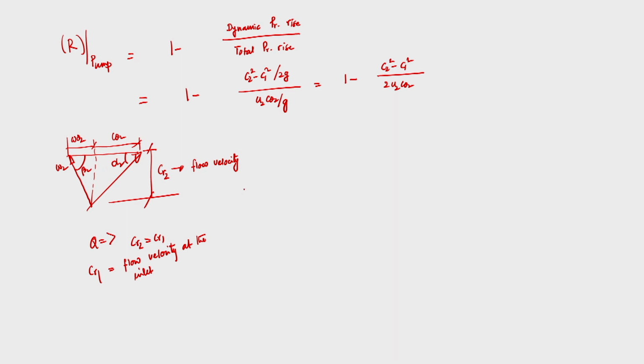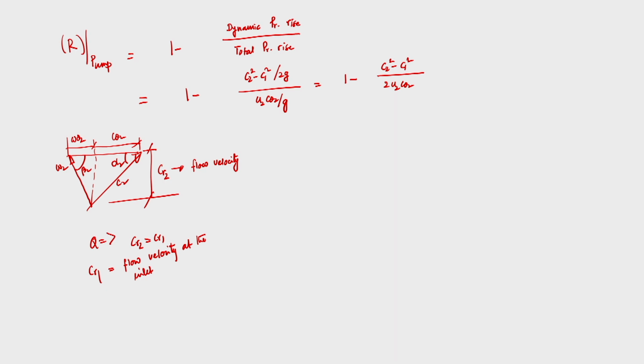From the velocity triangles, what can I write? This is C2. So, I can write C theta 2 square plus CR2 square is equal to C2 square.